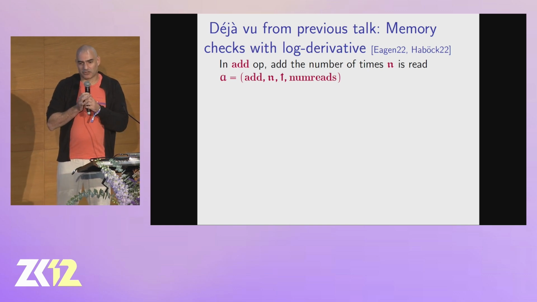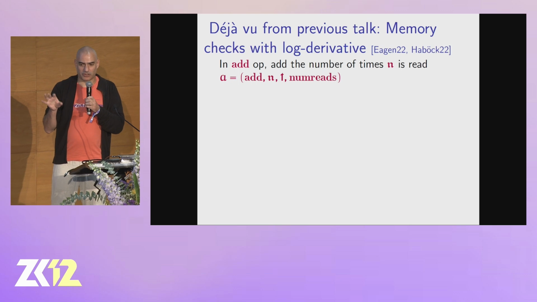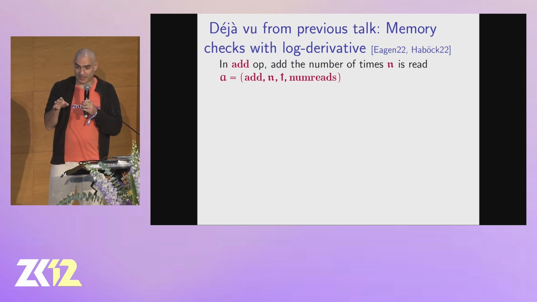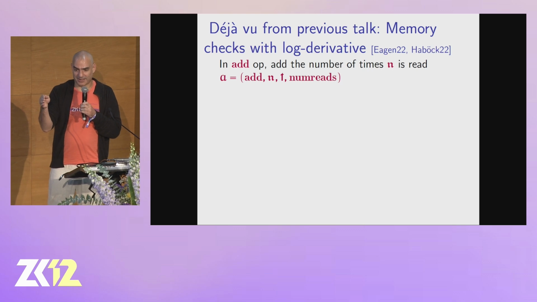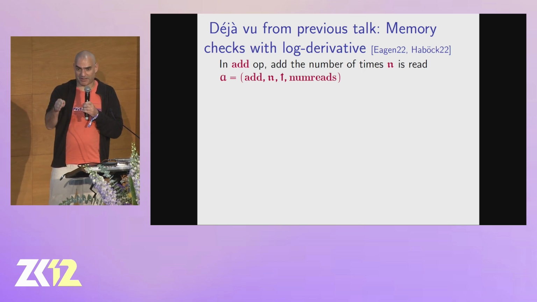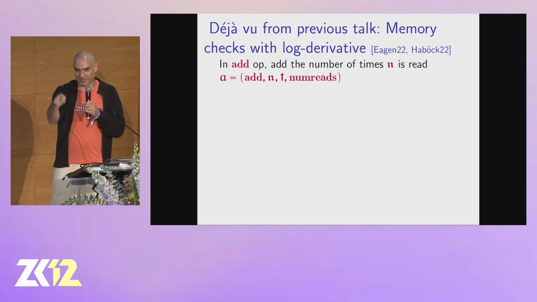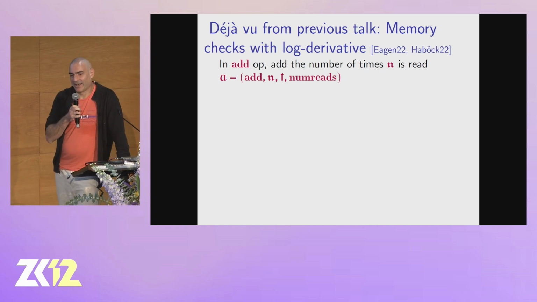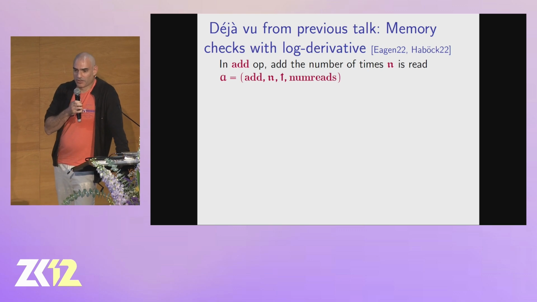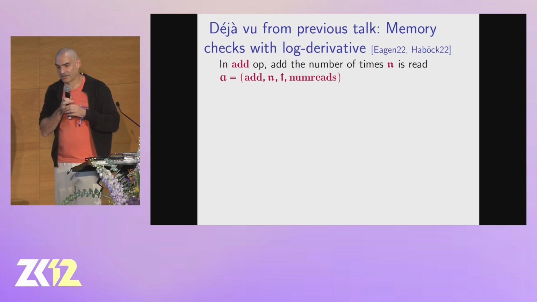By the way, if you have deja vu, it's because I prepared these slides according to previous talks of Jens. So we're going to add to the add operations the number of times a note was read. So that's this numReads field.